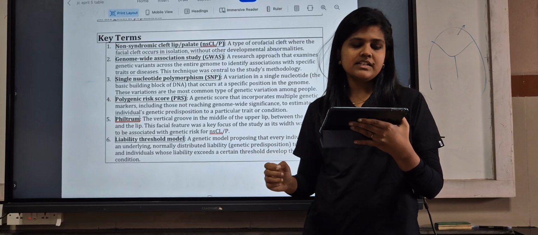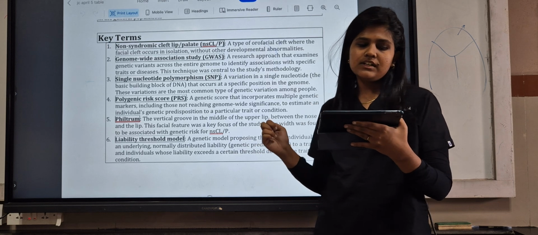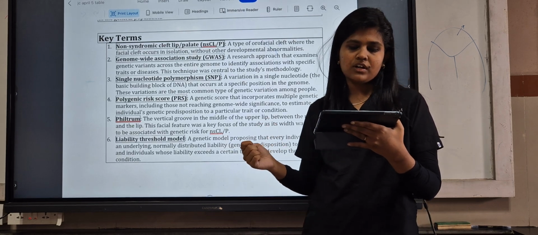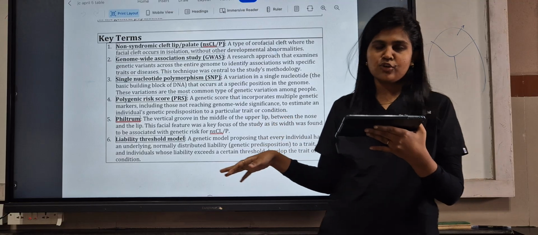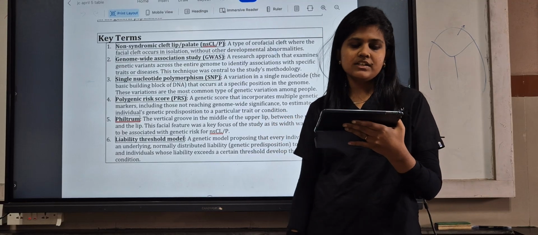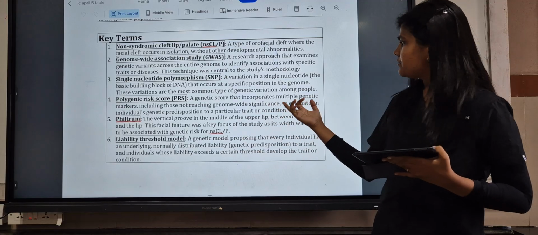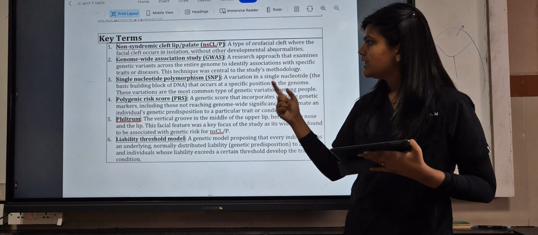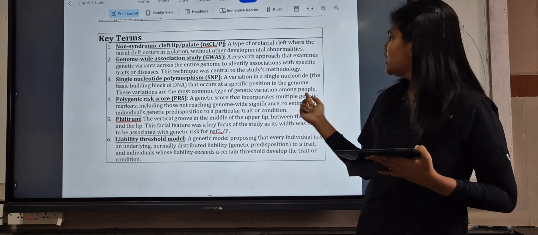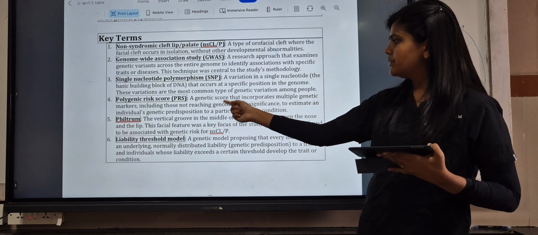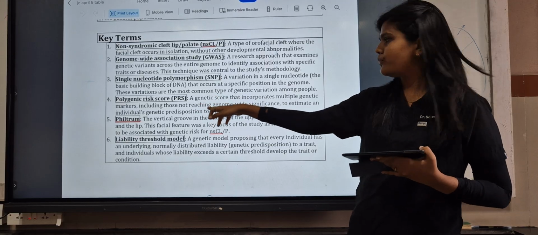Then the single nucleotide polymorphism, the SNP, is a variation in a single nucleotide, the basic building block of DNA, at a specific position in the genome. Next are the polygenic risk scores, PRS. A PRS is a genetic score that incorporates multiple genetic markers, including those not reaching genome-wide significance, to estimate an individual's genetic predisposition. They used this score also.